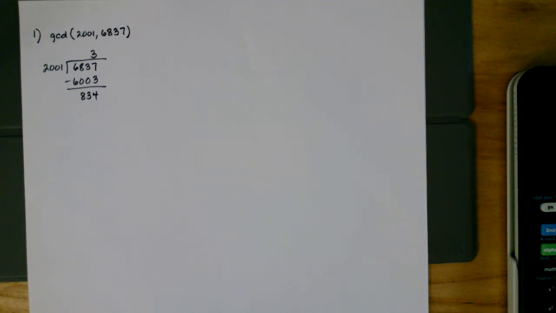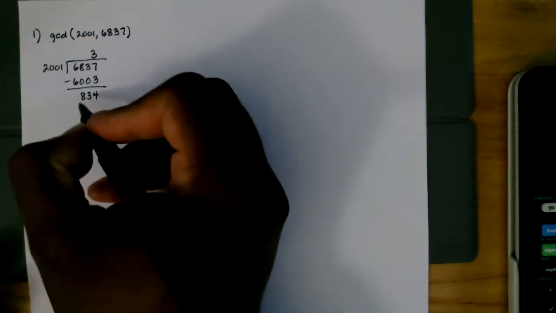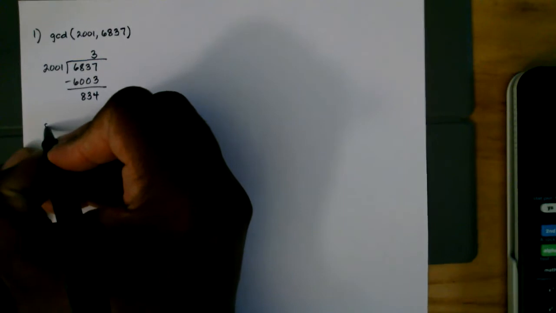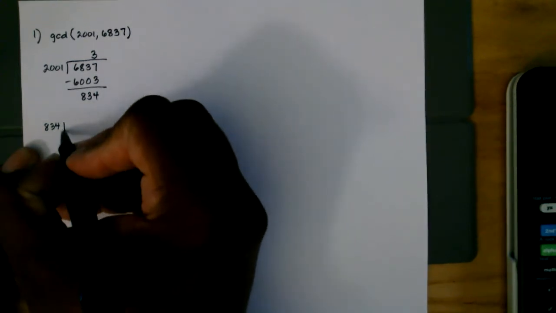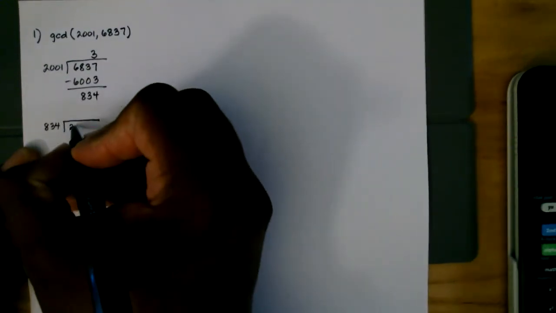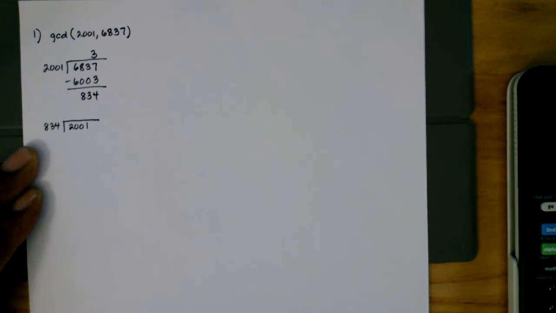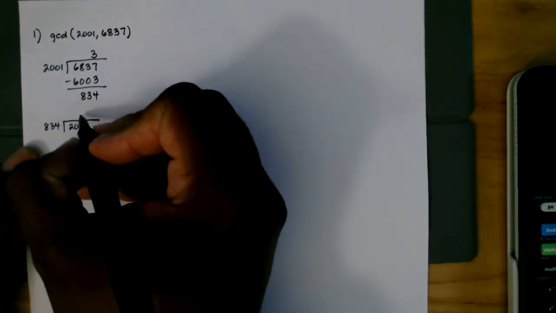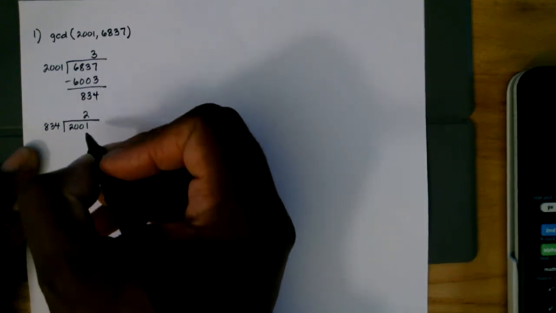And since we don't have a 0 remainder, what we're going to do here is take this remainder, which will become the new divisor, that will be divided into the old divisor, 2001, and do the division. 834 goes into 2001 2 times.